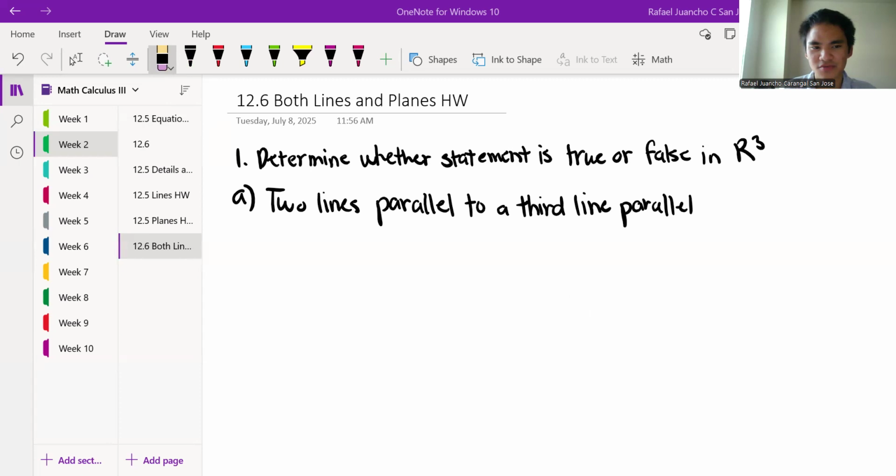Yeah, I'm confused. Okay. The third line is parallel to the two lines.